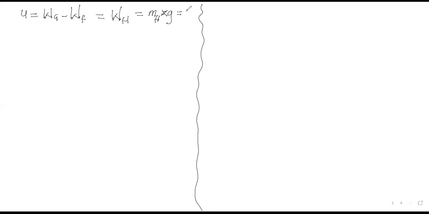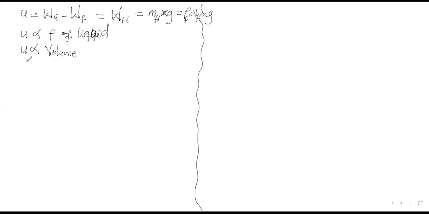This is equal to density of fluid times volume of fluid times gravity. So finally, we realize that upthrust is directly proportional to density of the liquid. Upthrust is also directly proportional to the volume of fluid or liquid displaced.